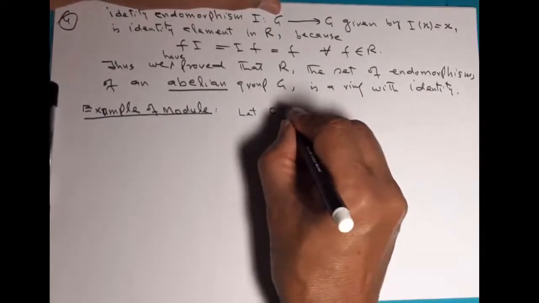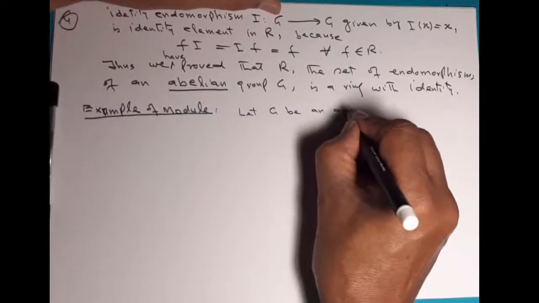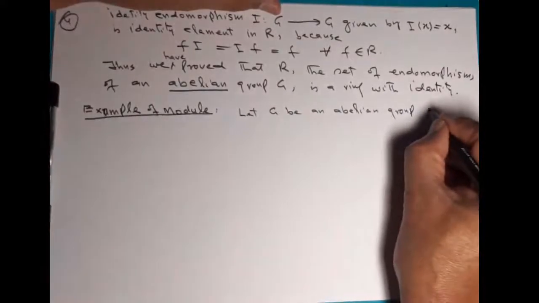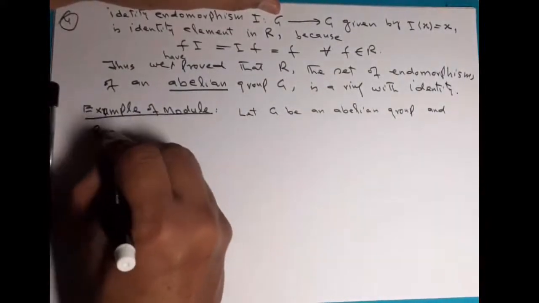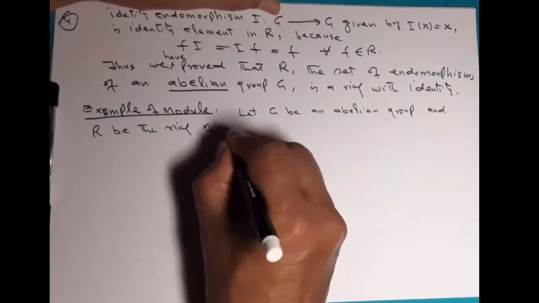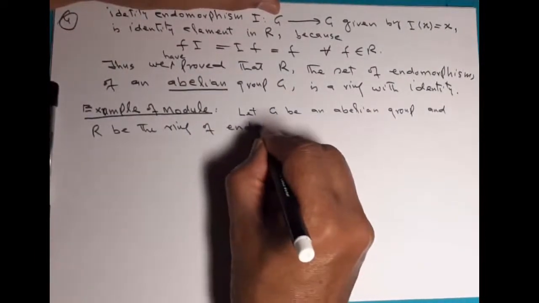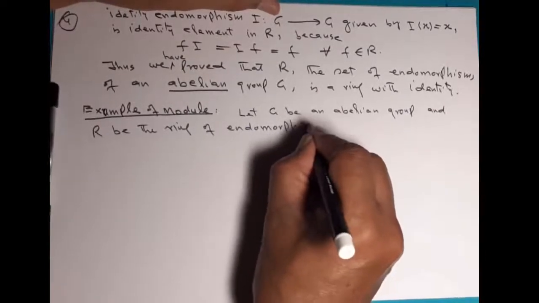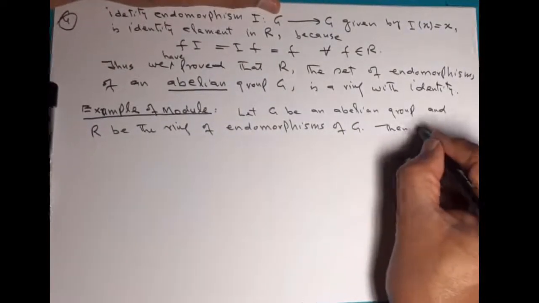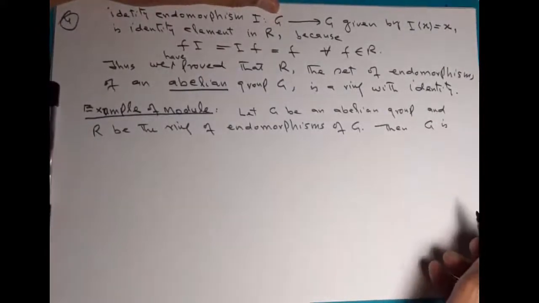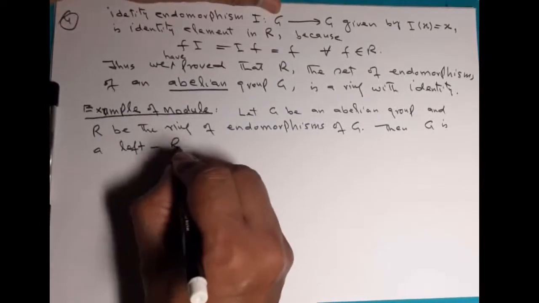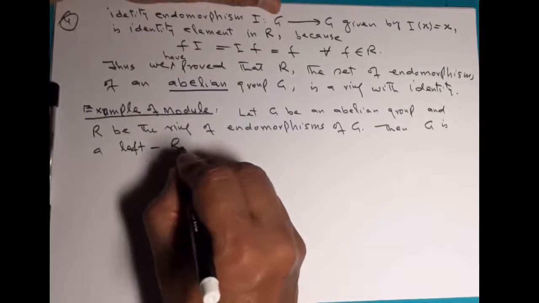Let G be an abelian group and R be the ring of endomorphisms of G. Then G is a left R module.